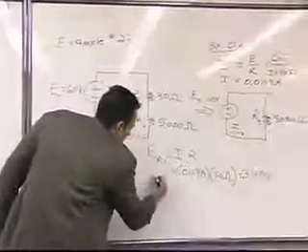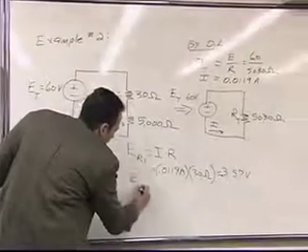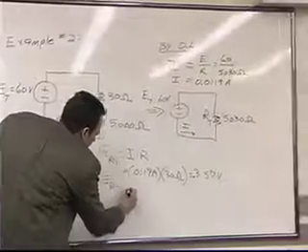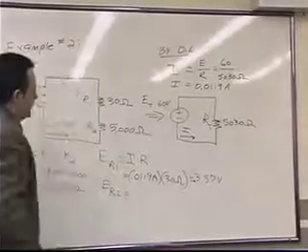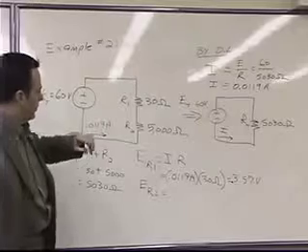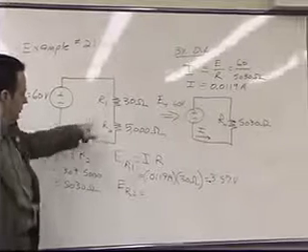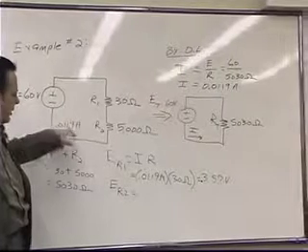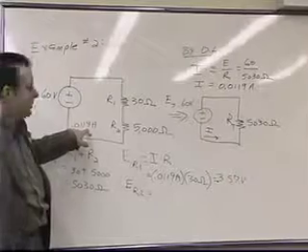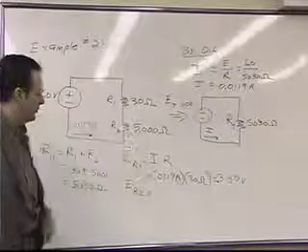So let's calculate the voltage drop on resistor number 2. That's going to be equal to the current flowing in resistor 2, which is 0.0119, times resistor number 2, which is 5,000.